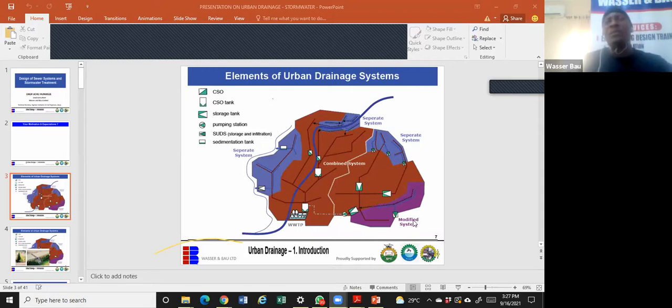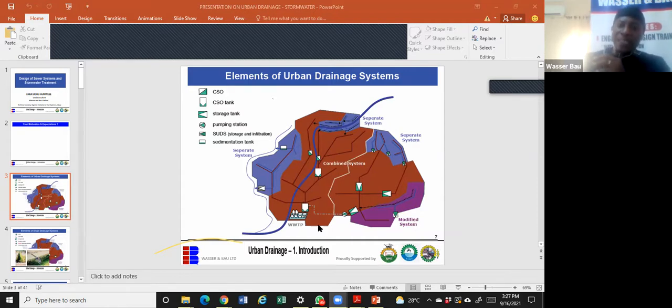A modified system is one where, during what we call dry weather flow, meaning when there is no storm event, what is flowing in your sewer line is just the wastewater from the household, which is foul sewer. Then in some systems, as soon as there is a storm event, you lock the foul sewer line, and then only the storm will go, and the storm will not go to the treatment plant.